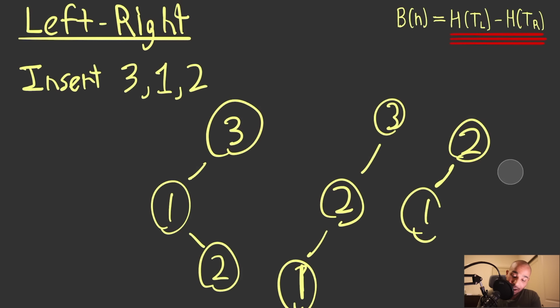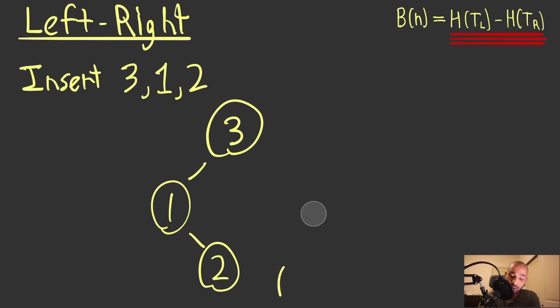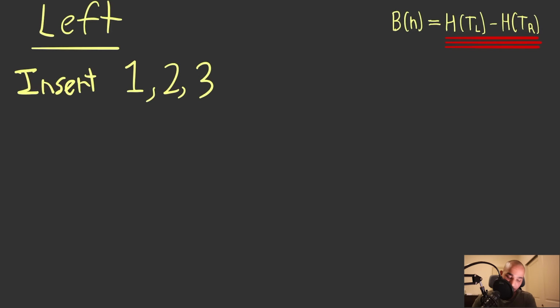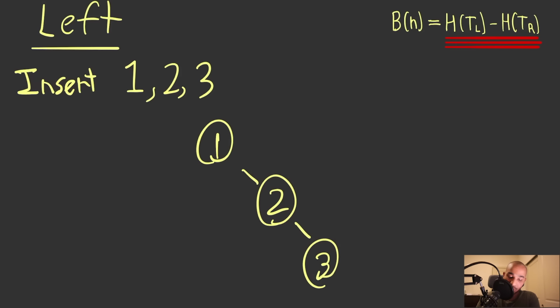Now that we understand how these rotations are done, or at least we saw initial examples, we can look at how we fix right heaviness, and it's just the opposite. It's the same operations. So now let's insert 1, let's insert 2, and then let's insert 3. We see we have a problem, and now we can do a left rotation. So we're going to bring the 2 up, we're going to bring the 1 down.